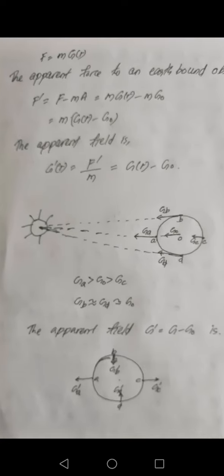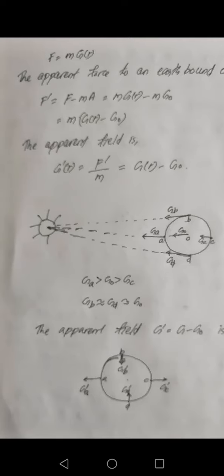Since I am on the Earth's surface, the force that I feel is called the apparent force. Therefore the apparent force to an observer in an earthbound system is given by F prime equal to F minus ma, where F is m G of r and a is G0.